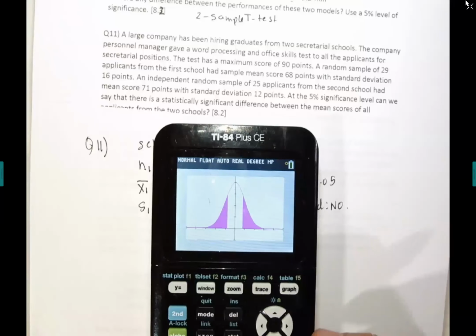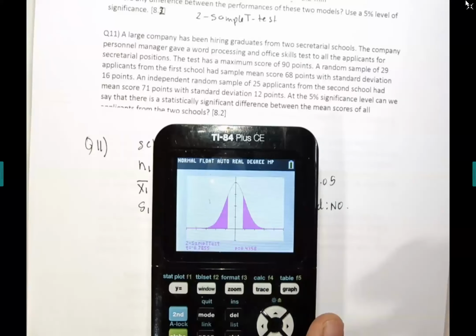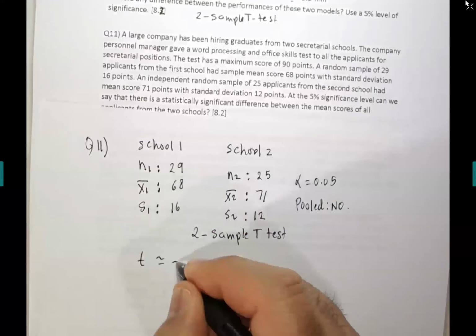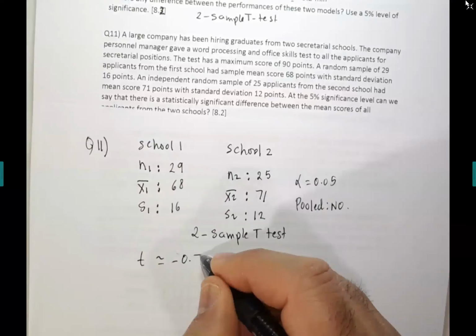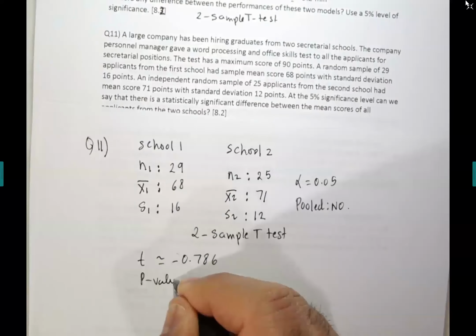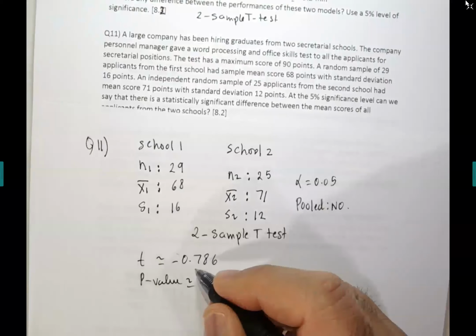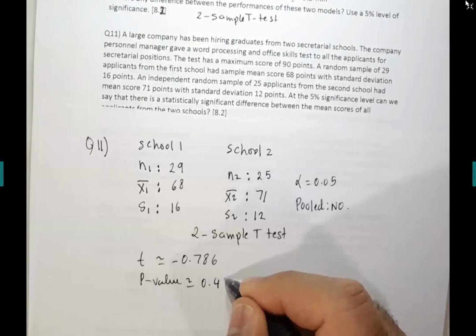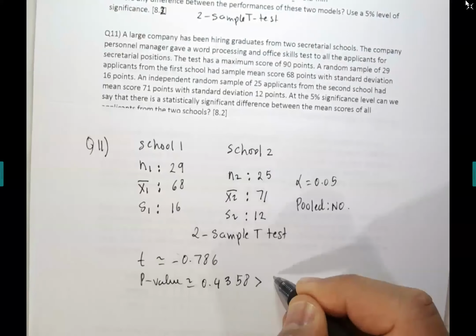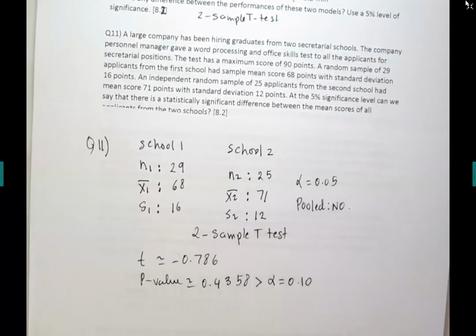So the test statistic T is negative 0.786 and the p-value is 0.4358. And I don't even need to look at alpha because this is so big, it's gonna be bigger than alpha no matter what. Alpha cannot exceed 10%, so there you go.